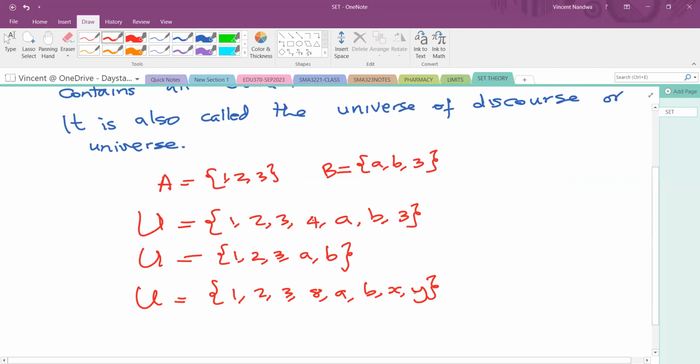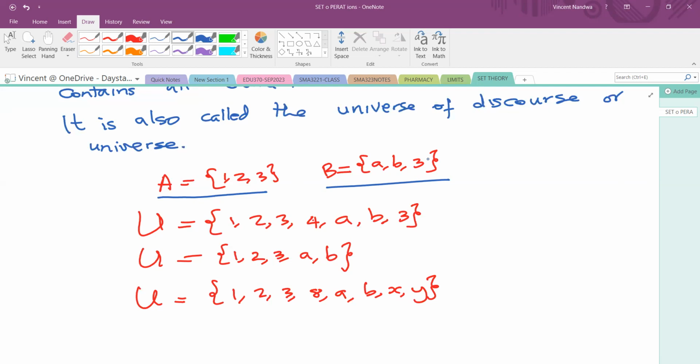Now, the key thing is that here we have the set A and set B as our sets under consideration. A has 1, 2, 3 as the elements. B has A, B, and 3 as the elements. So what we refer to as the universal set with respect to these two sets A and B will be any set that contains all the elements of set A and all the elements of set B. Whether the set has other extra elements that cannot be seen in A and B at the same time, that doesn't matter.